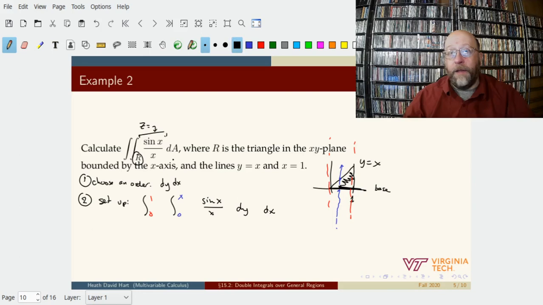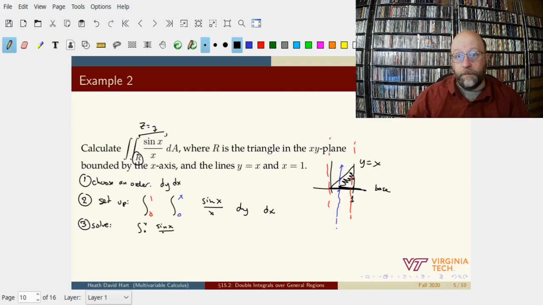All right. Now let's try to solve. We start with the inside integral. Again, with respect to y, this is easy to integrate. It's sine x over x times y, going from 0 to x. So when I plug in x for y, I get sine x over x times x.